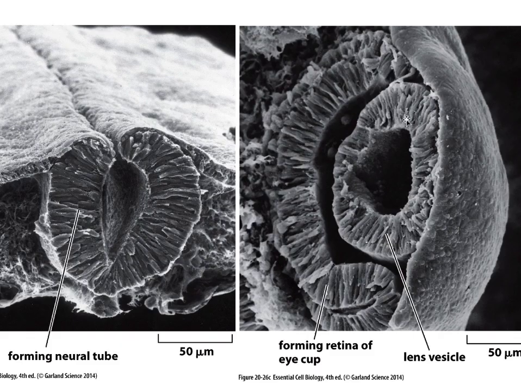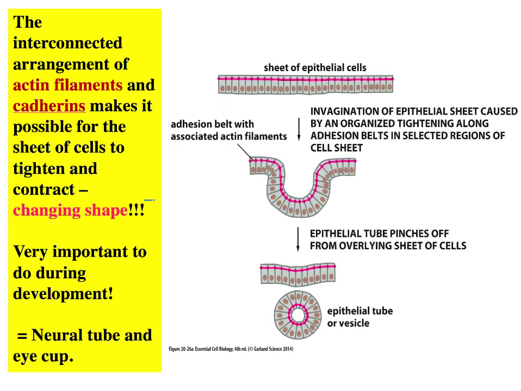And that too is indicated in this picture. How does this happen? Well, the actin filaments at the adherins are able to contract, and when they do, they force the cells and the basal lamella to take up the appropriate shape. So changing shape is a role that actin filaments associated with cadherins can play in cell behavior.